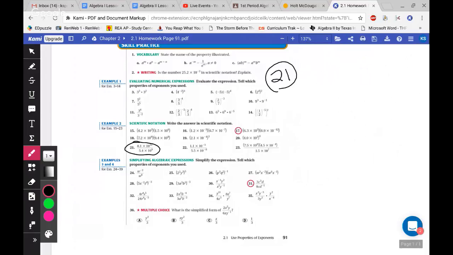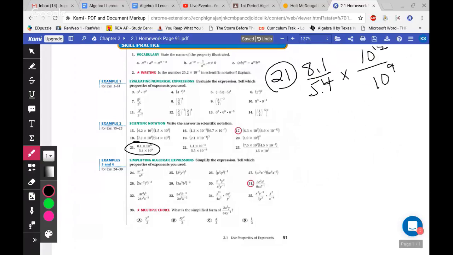So when you're plugging this in your calculator, you're going to plug in 8.1 divided by 5.4 first, in one section. And then 10 to the 12th divided by 10 to the 9th.